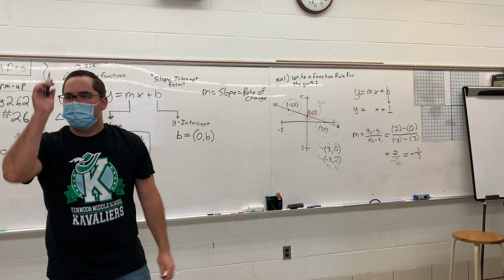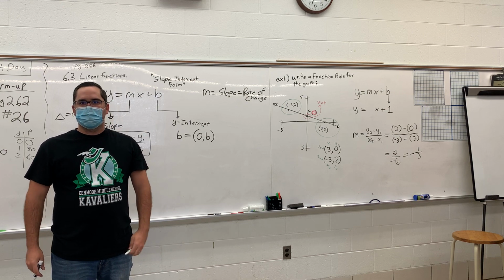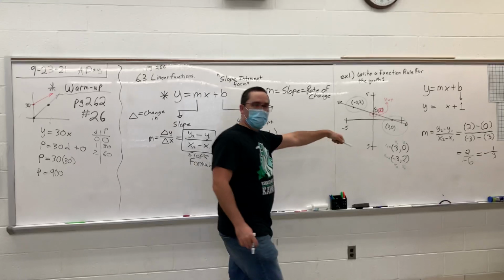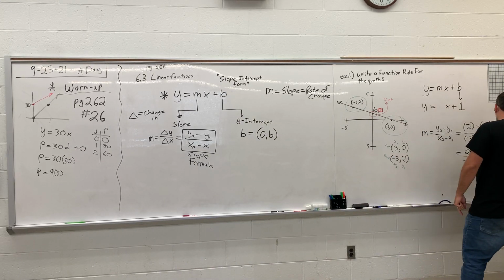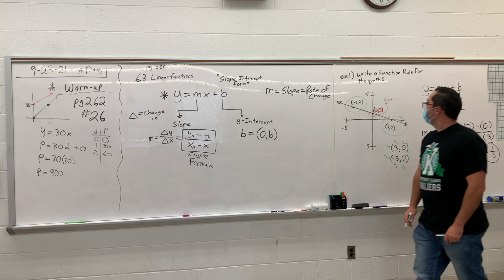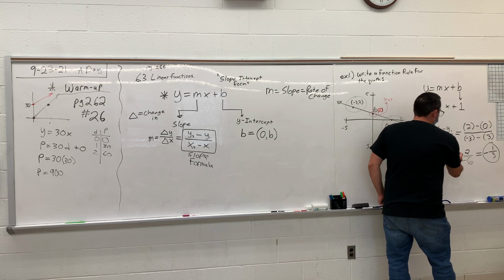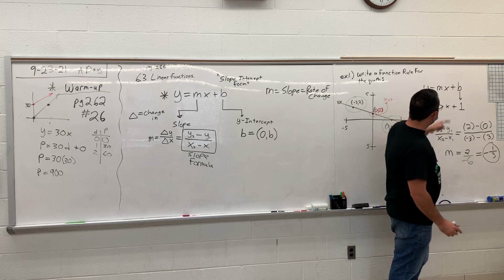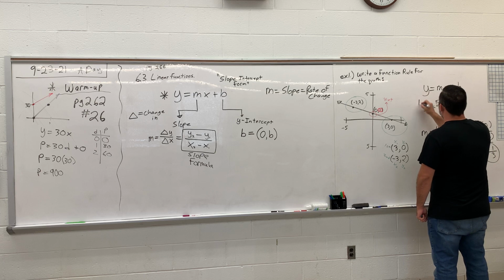So you just cross them out. If they're both positive, it's obviously positive. Okay? So only when one of them is negative is the whole thing negative. There's my slope. So I'm going to plug that in here. This is my equation.